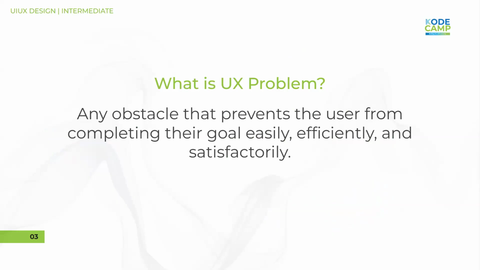So we can say it's anything that stops users from easily, effectively, and happily reaching their goals. So there is a reason why a user wants to use a particular product. So if a user can't achieve that purpose while using that product, then it's a UX problem.